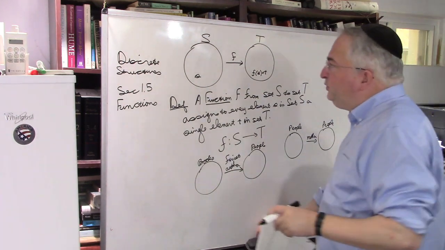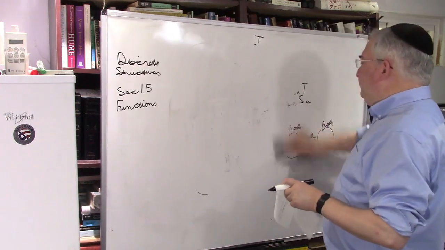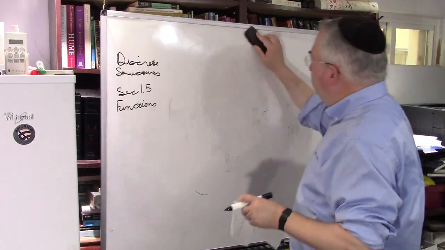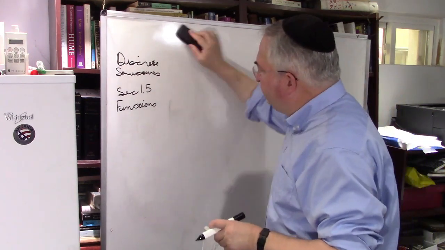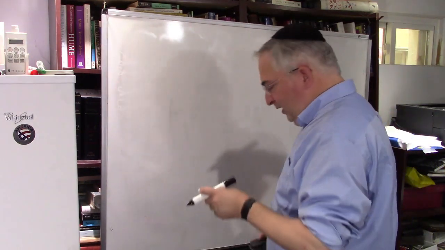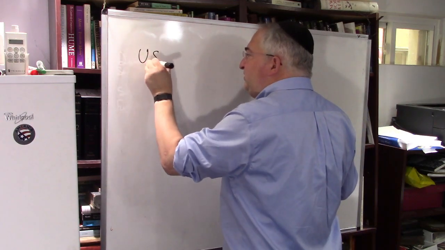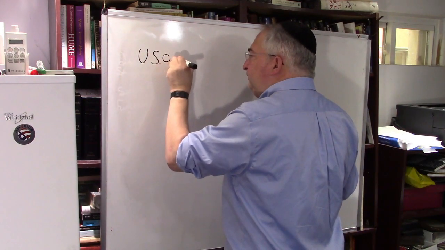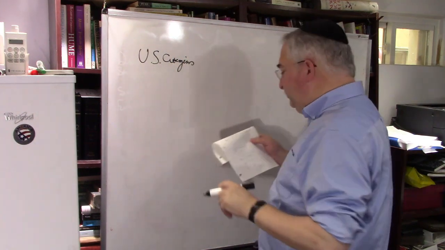Okay, let's do some other examples. Again, these are real-world examples. We just want to get used to it, then we'll do some more mathy examples. So U.S. citizens, there's 300 million of those.